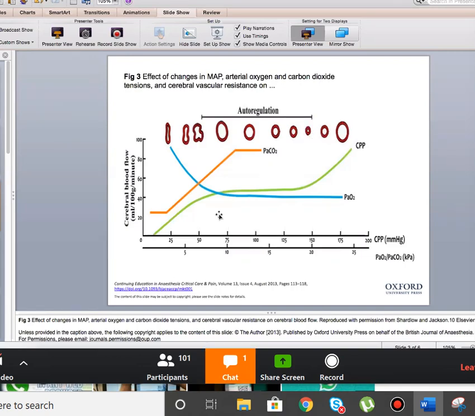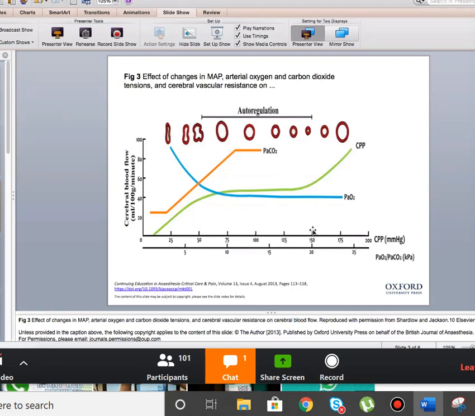So when the pressure decreases, in order to maintain the blood flow at a constant level, the blood vessel dilates. And when the pressure increases, as you can see when you go to the right, in order to maintain the cerebral blood flow at a constant value, the blood vessel constricts. Okay.